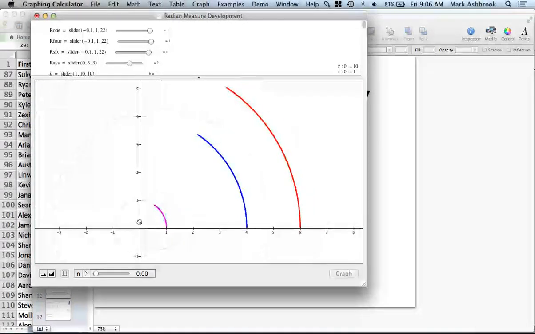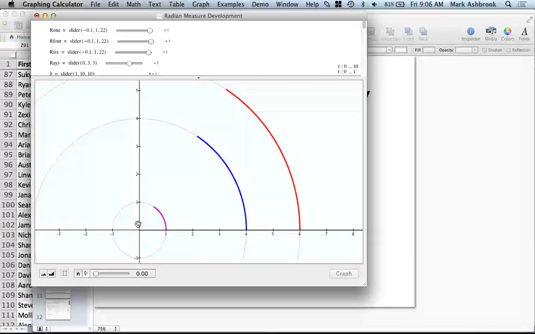What happened? What do we see? Yeah, and so they all are the same fraction of a whole circumference. And so we can use radius lengths then to measure angles, and that's what radians is.